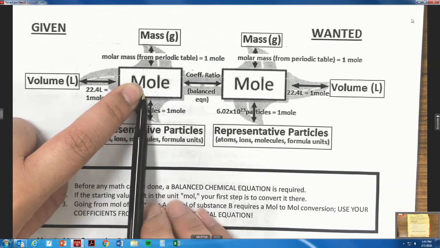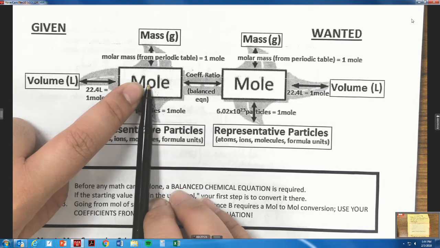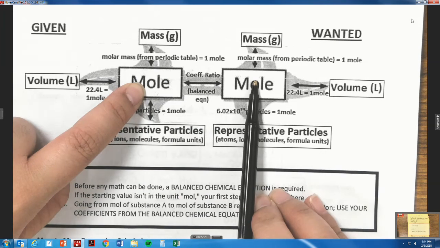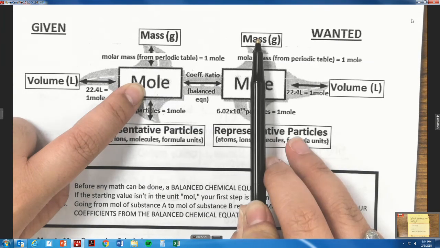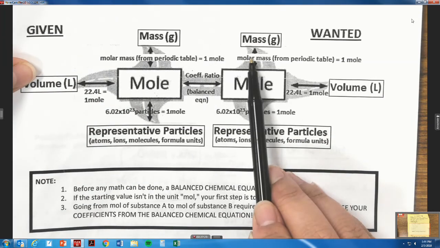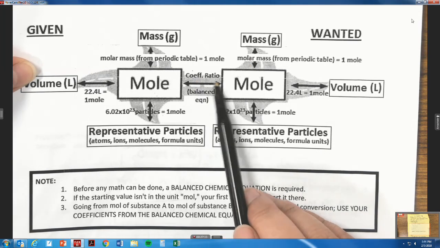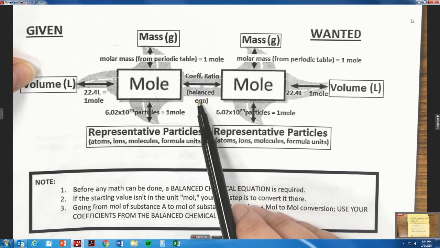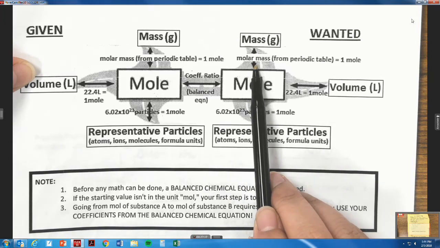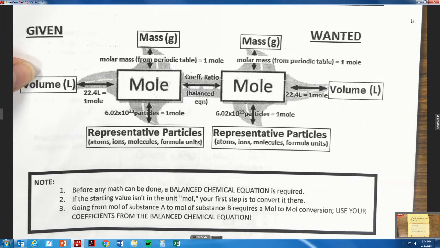So that's a whole different substance. That means we're going to have to go from moles of hydrogen to moles of water, then to our mass of water. So that is 2 conversion factors. Our first conversion factor is going to be our coefficient ratio from our balanced equation, and our second one is going to be our molar mass equals 1 mole.